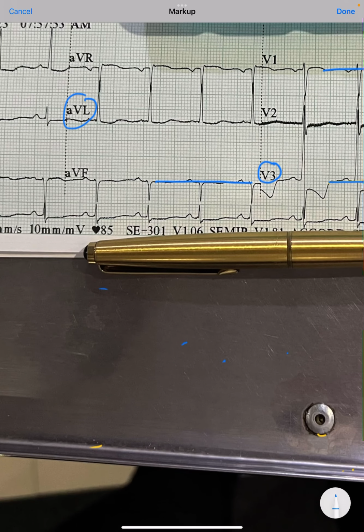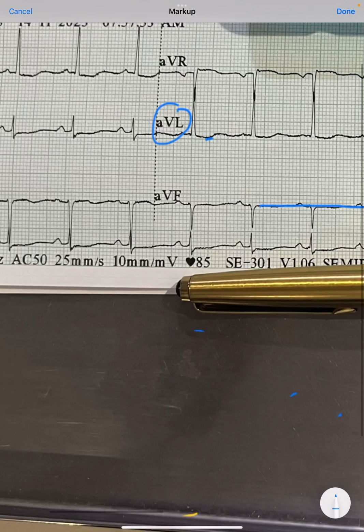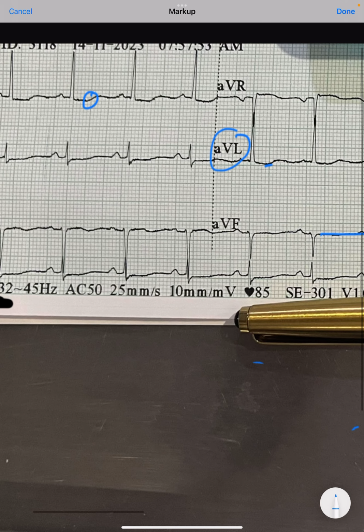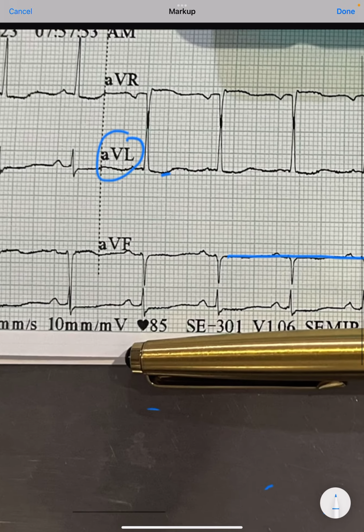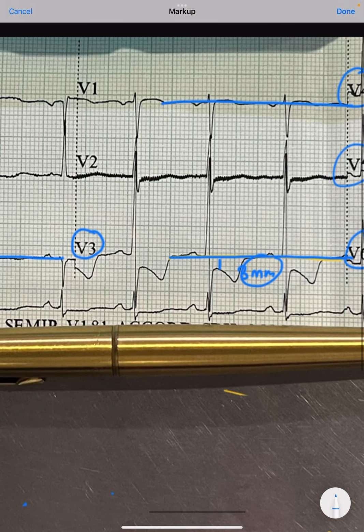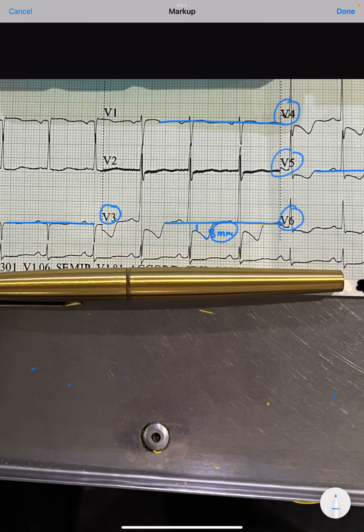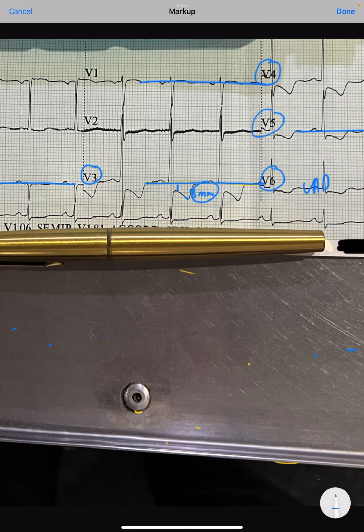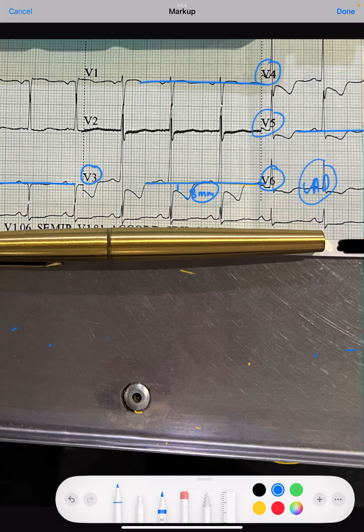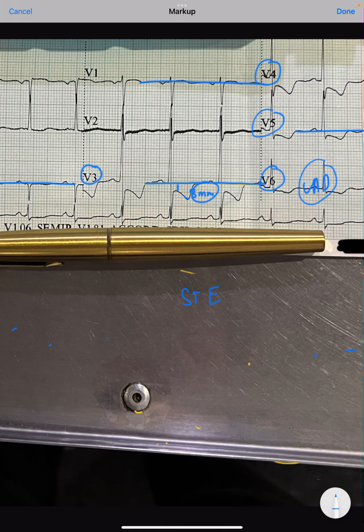In lead AVL also there is slight T wave inversion, and in lead V1 there is very mild T wave inversion, but there is marked ST depression and T inversion in V3 to V6, which suggests that the patient may have left anterior descending artery involvement. If there is no ST elevation, this is definitely not ST elevation MI.